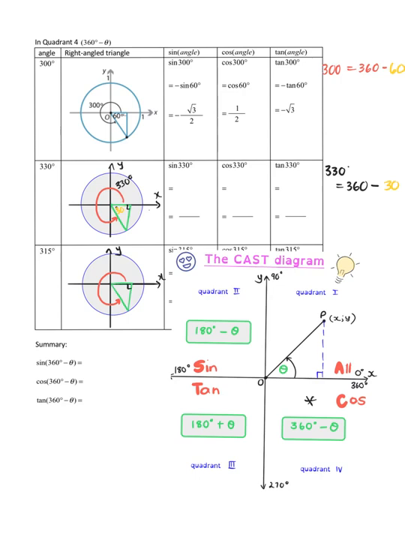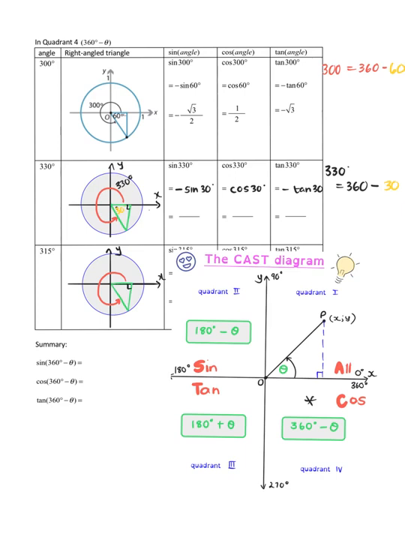So sine of 330, quadrant 4, so it's negative, and it reduces down to 30 degrees. Cos of 330, cos is positive in quadrant 4, and it reduces down to cos 30 degrees. Tan of 330, well, tan is negative in quadrant 4, and using our reduction formula, we reduce down to negative tan 30.